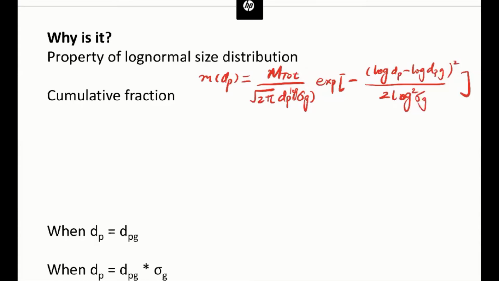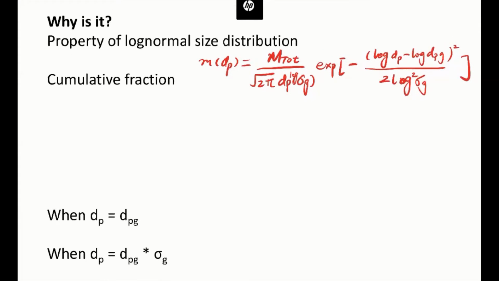So last class we showed that the log normal size distribution is going to follow an equation that looks like this. Okay, and in this equation we mentioned that sigma g is the geometric standard deviation, and the dpg is called the geometric mean. Okay.